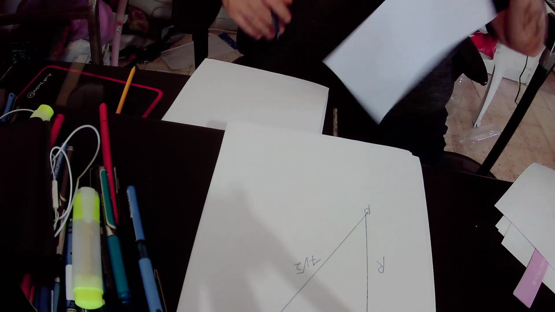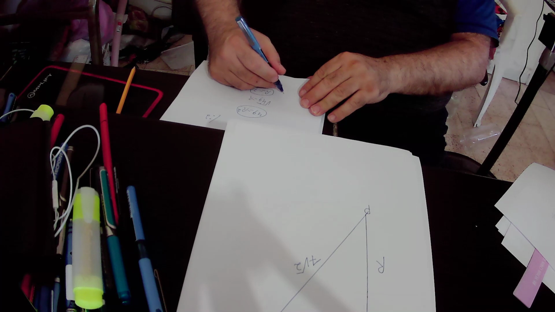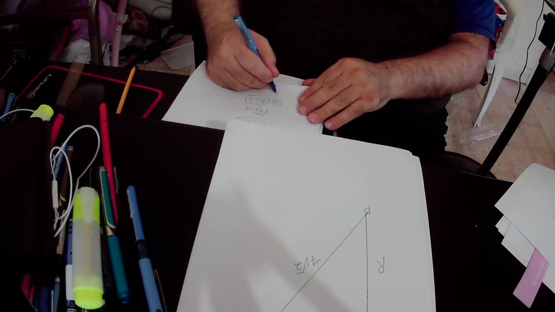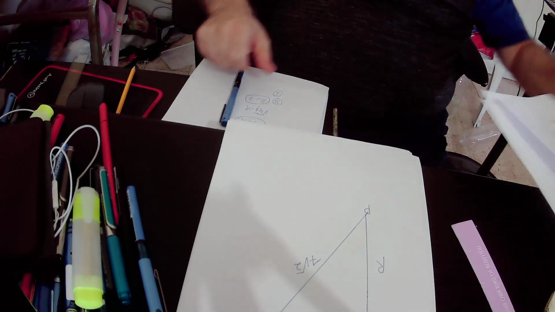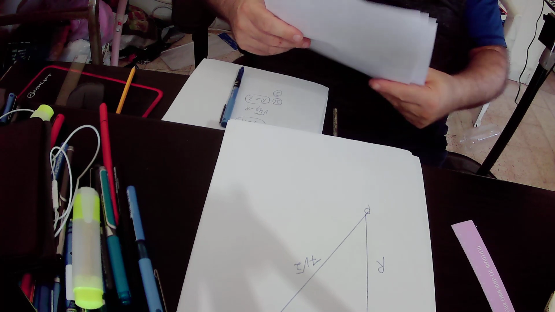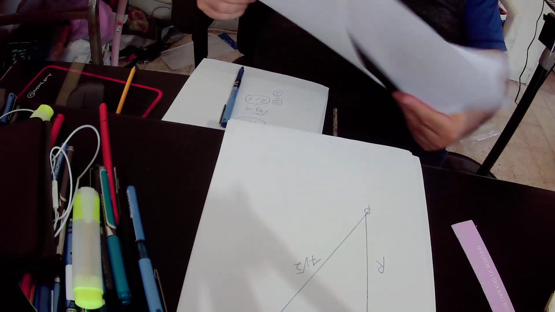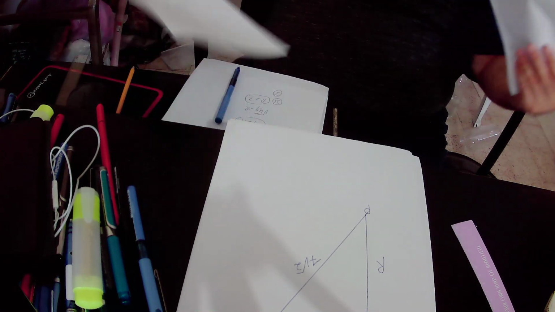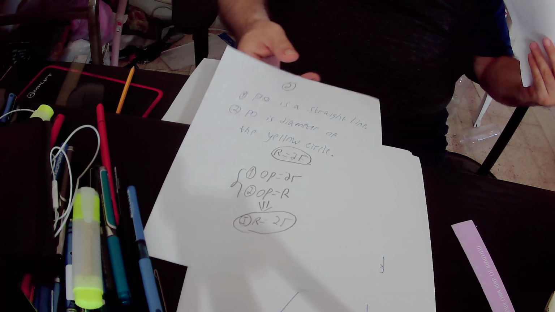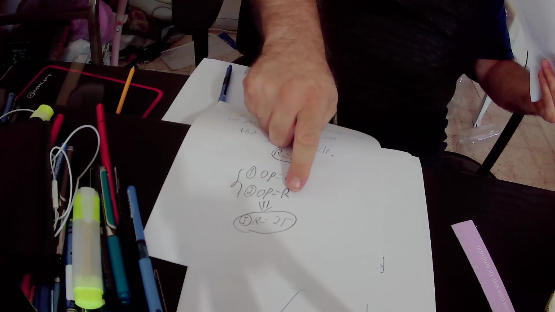But according to equation number 1, we know that capital R equals 2 times small r.